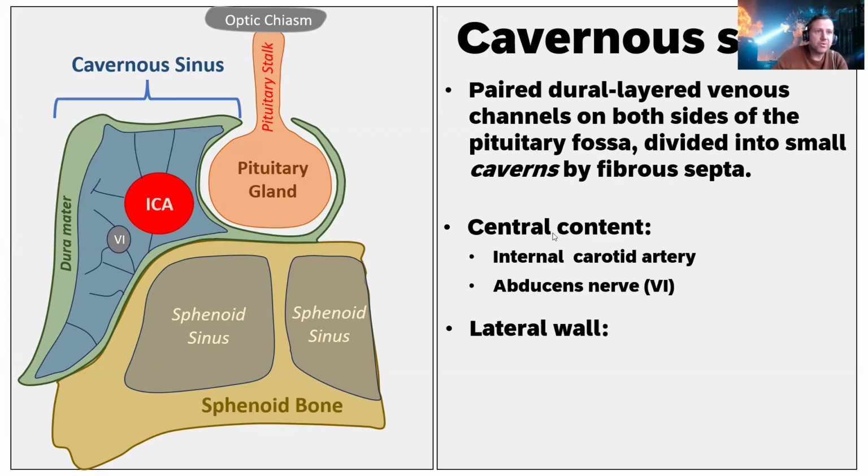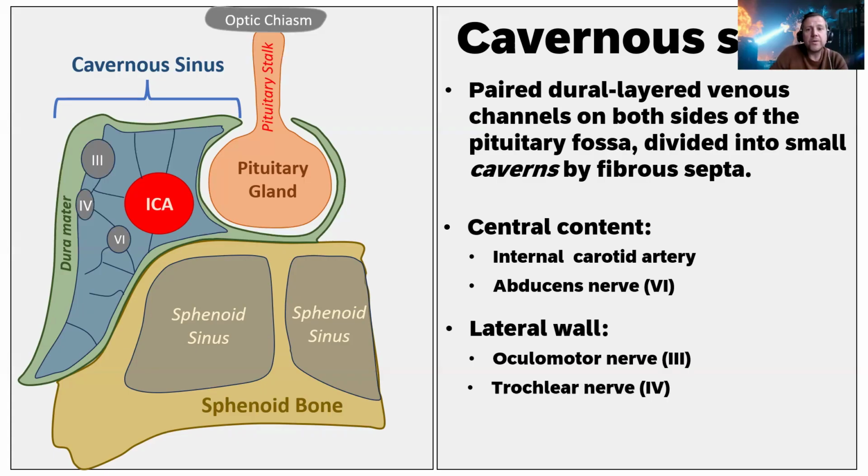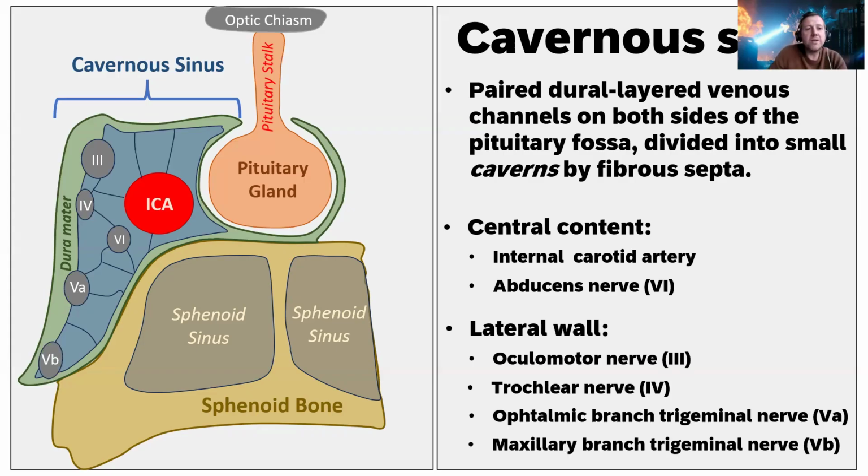Then in the lateral wall of the cavernous sinus, which is quite a rigid piece of dura mater, we find the following cranial nerves. We find the oculomotor nerve, the trochlear nerve, and also the ophthalmic branch and the maxillary branch of the trigeminal nerve.